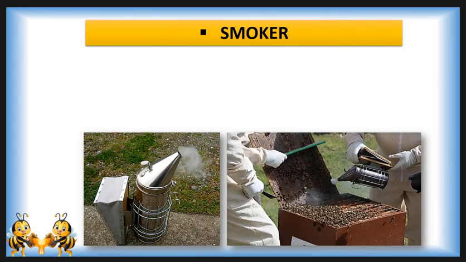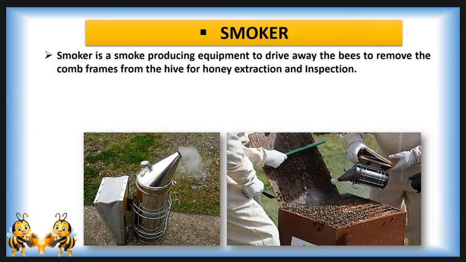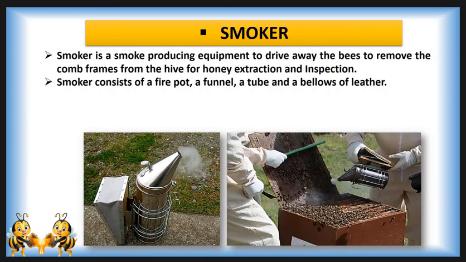Then the smoker. A smoker is smoke producing equipment used to drive away the bees, to remove the comb frames from the hive for honey extraction and inspection. A smoker consists of a fire pot, a funnel, a tube and a bellows of leather.